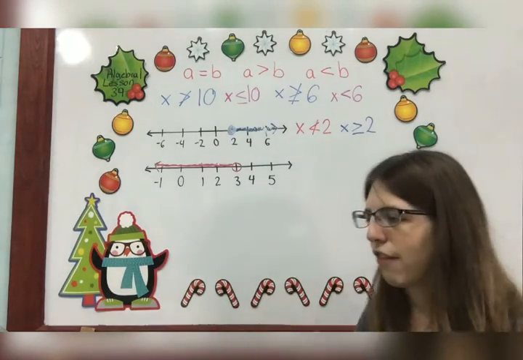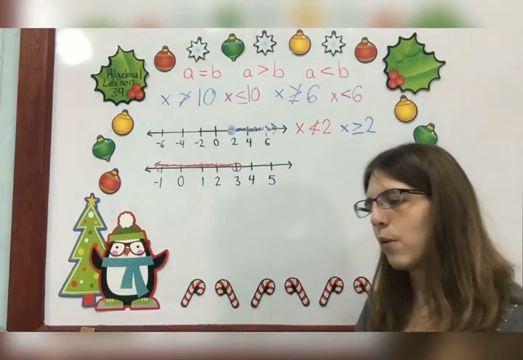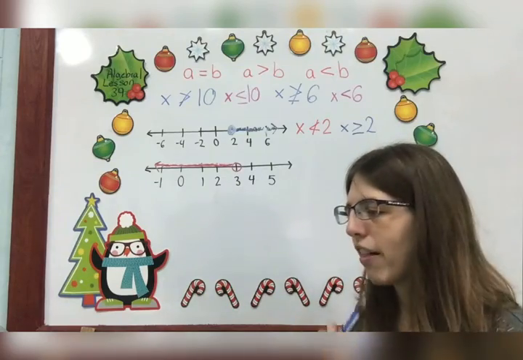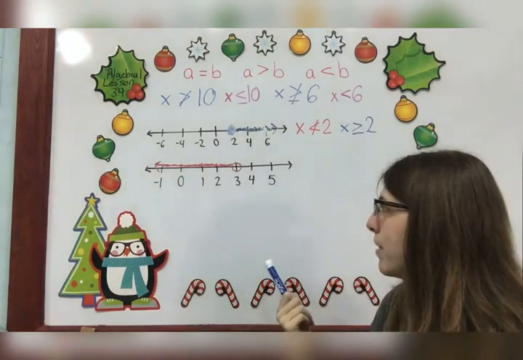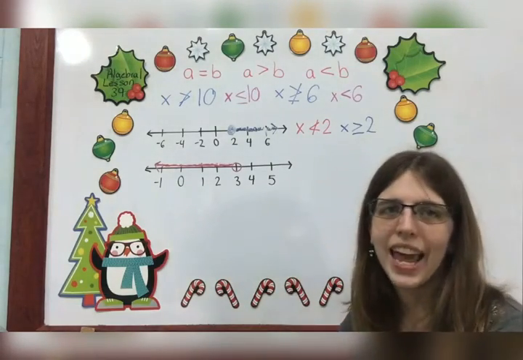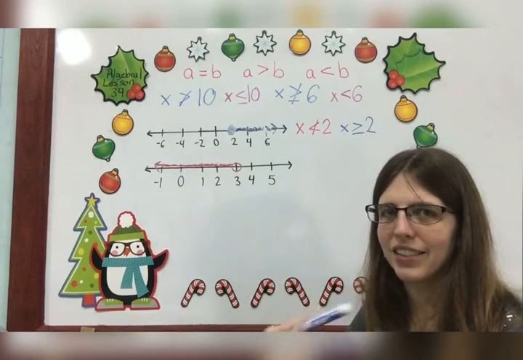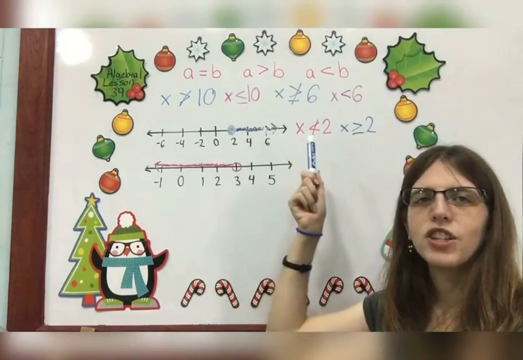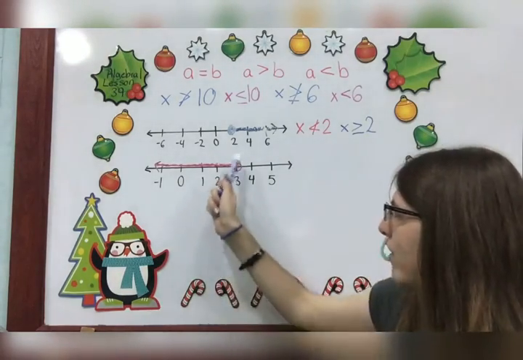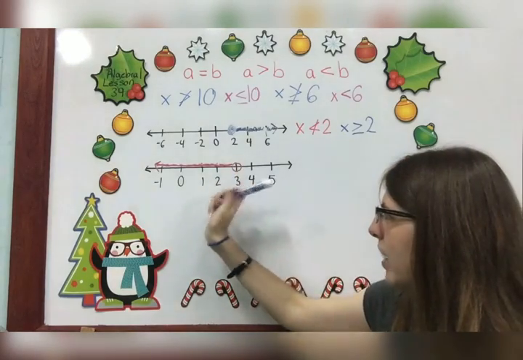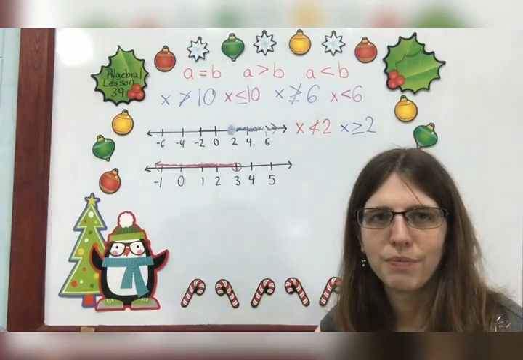Now let's look at this graph. I want you to write both an inequality and a negated inequality to describe the graph. So tell me what it is and what it is not, is basically what this is asking. Just like this tells me what it is not, and this tells me what it is. So I have an open circle over the 3, and my arrow to the left.